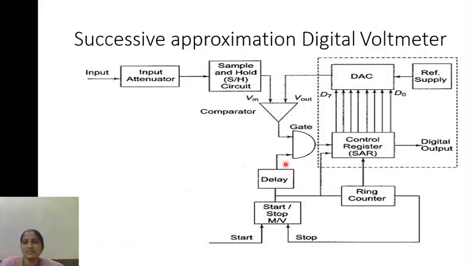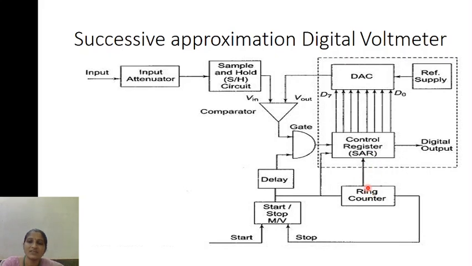From the output of the gate it is placed on the SAR, that is the successive approximation register. This successive approximation register contains the output that is placed on the display, that is, the digital output is displayed. To proceed for the next sequence, a ring counter has to be used.